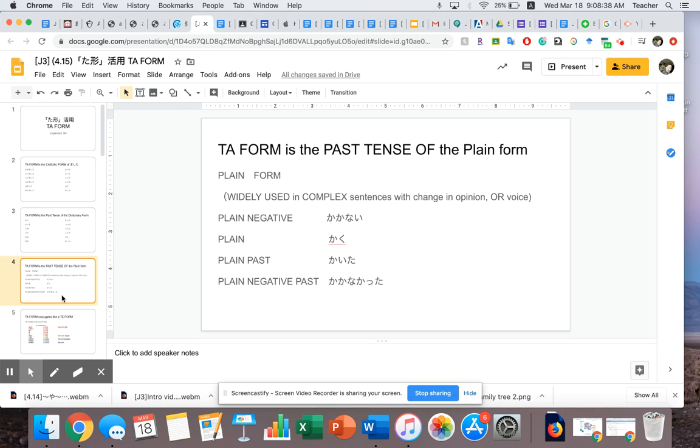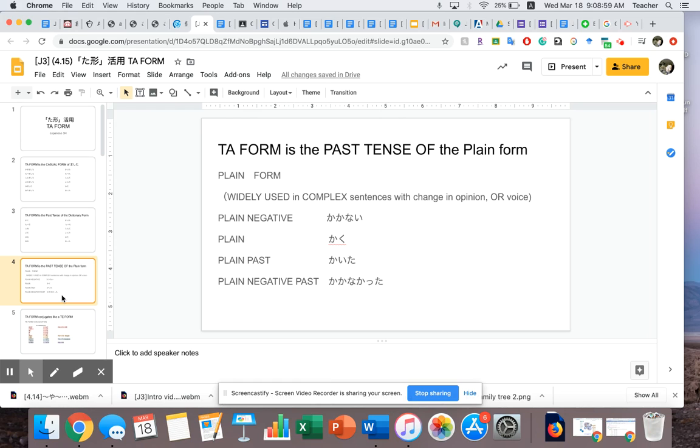So reiterating everything, ta form is the past tense of the plain forms. Plain form is a big umbrella category, and within the plain form, there are 4 different categories. One is plain form, which is also dictionary form, the plain form of the present positive.